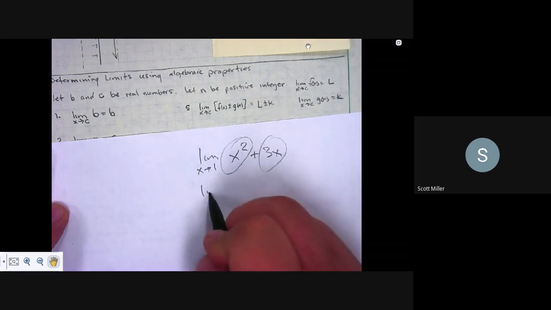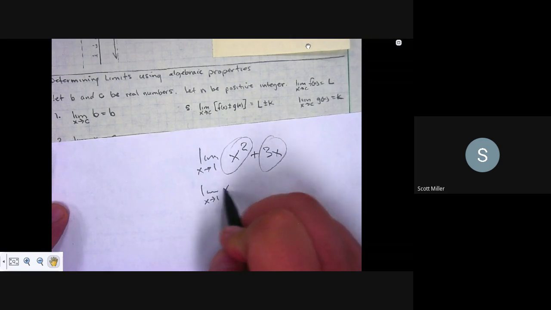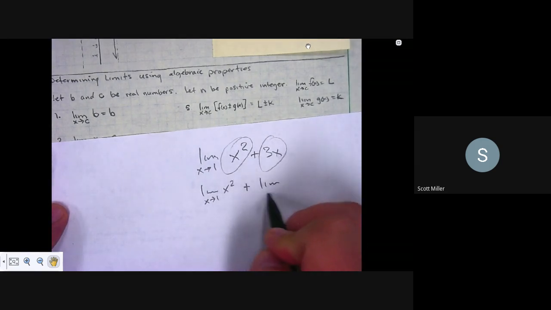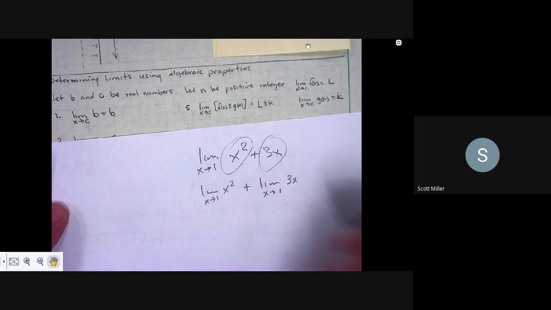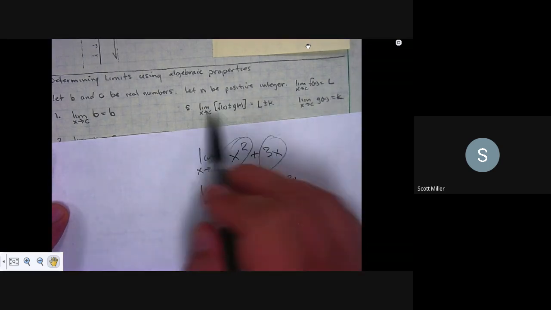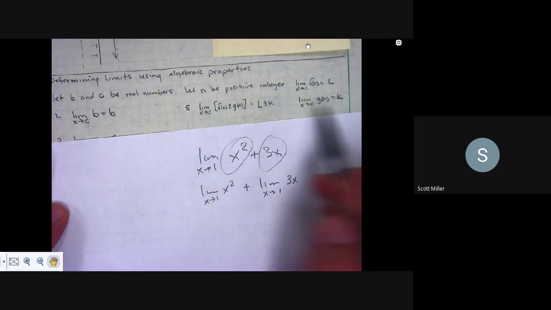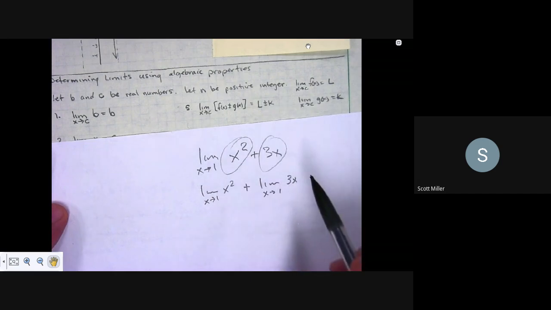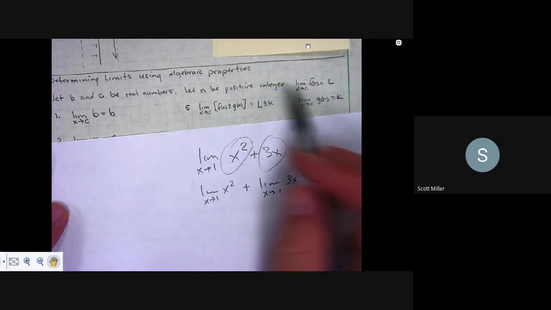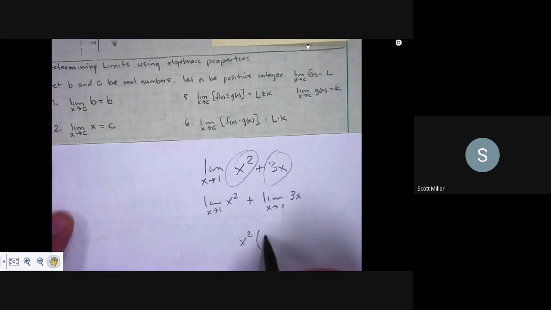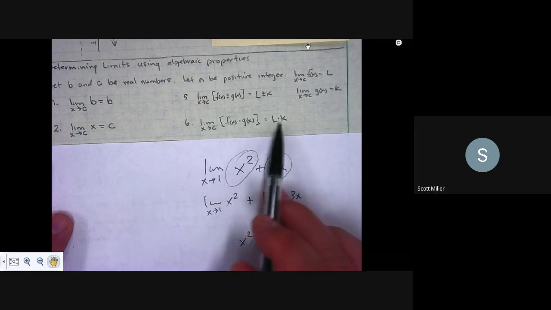I can find the limit as x approaches 1 of x squared, and then add to it the limit as x approaches 1 of 3x. That's what this one is saying. And then the answer will just be their sum. Okay? And so that's what this is referring to right here. Here's a product of two functions. That means if I had x squared times 3x, again, I can separate it out and do the limit of this piece, and then the limit of this piece, and then multiply those two limit values together. That's what they're saying there.